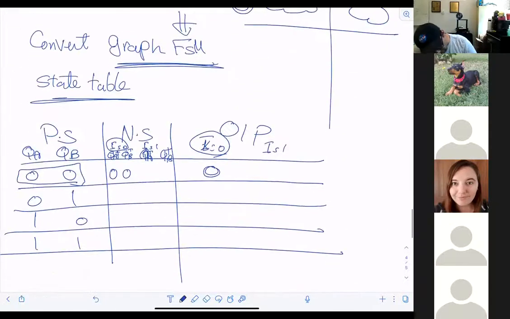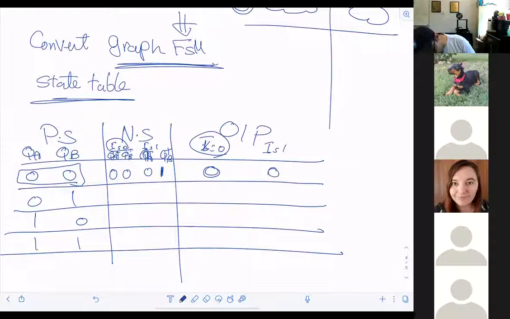So here I'm 0, 1, and still the output is 0. That makes sense? So what I did here, I finished 2 states in one line.